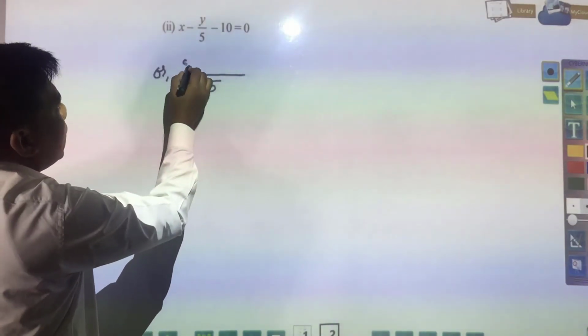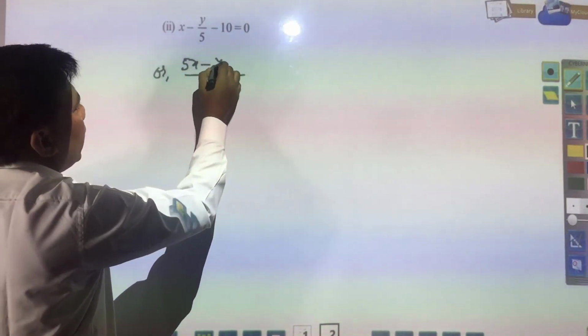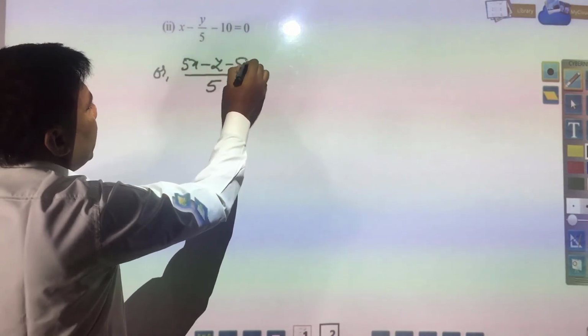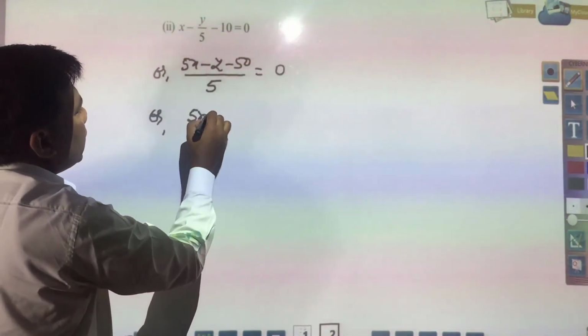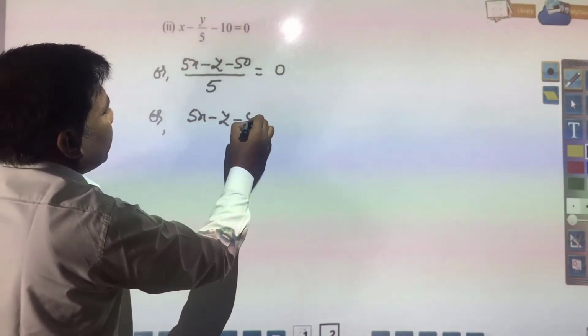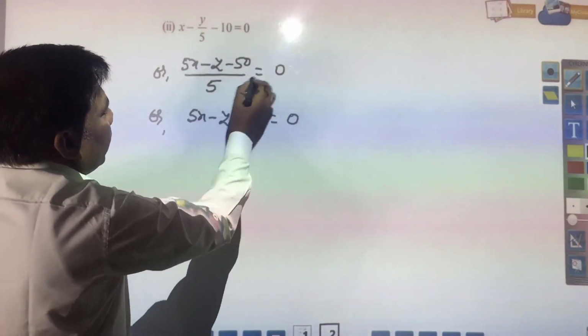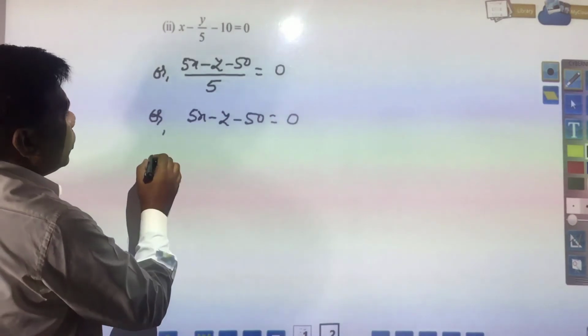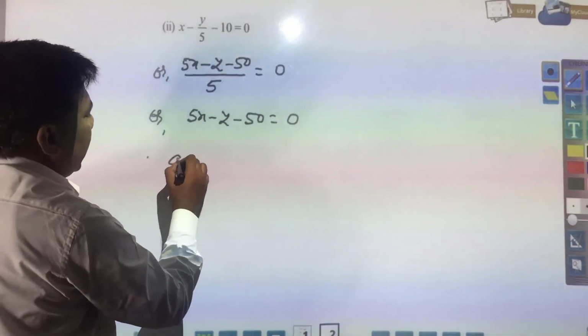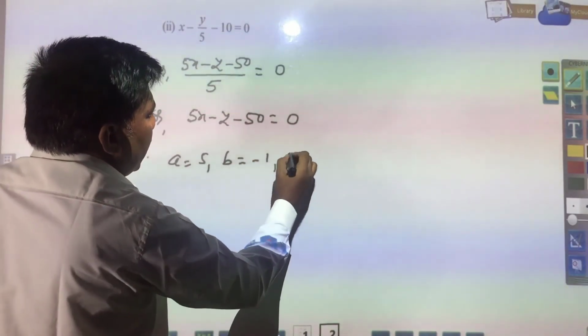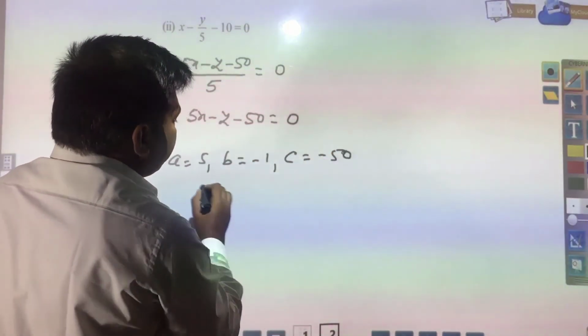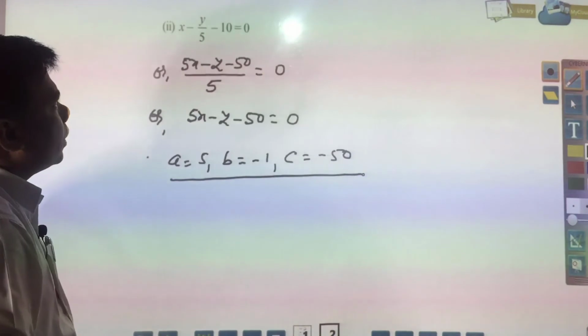So 5x minus y minus 50 is equal to 0, since 5 into 0 is equal to 0. Now you see, a you have 5, b you have minus 1 and c you have minus 50. This will be your answer.